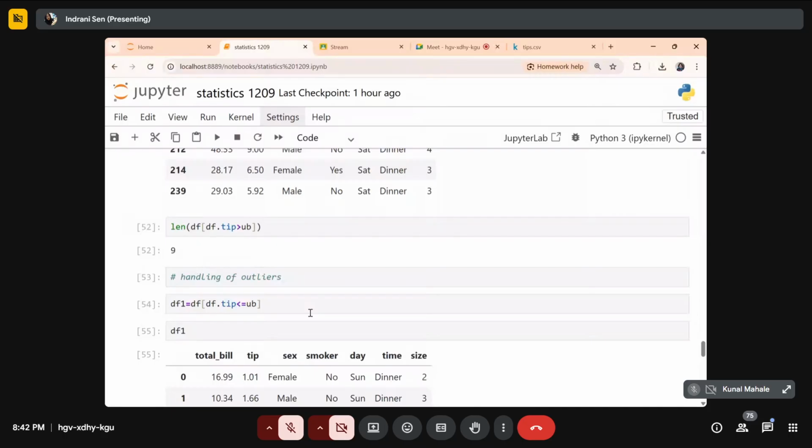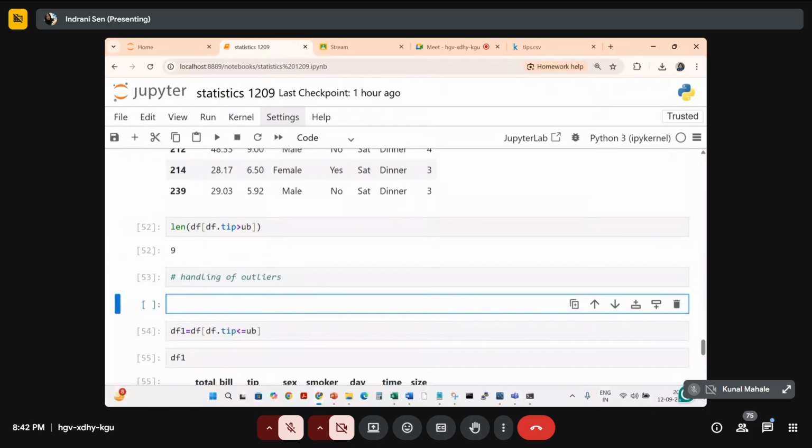See the code here. First I tried removing the outliers. This is the removal of the outliers.